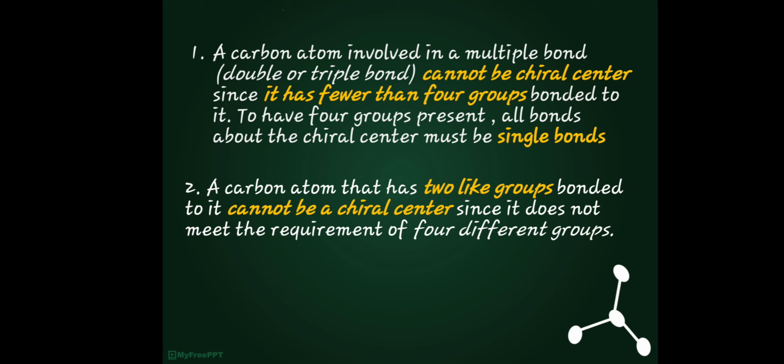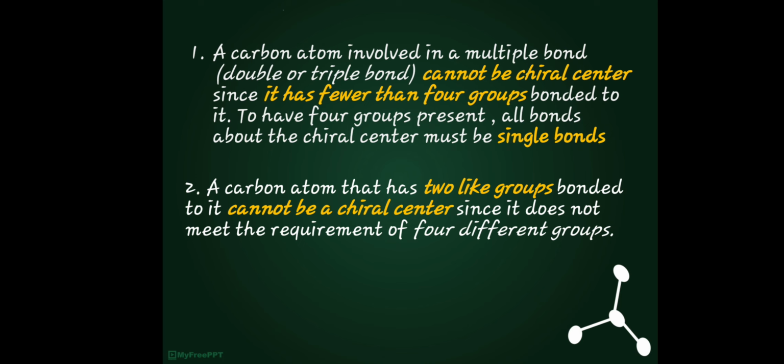So meaning to say, if there is a double or triple bond, it is not a chiral center, or it is not included in chiral molecules. Since it has fewer than 4 groups bonded to it, to have 4 groups present, all bonds about the chiral center must be single bonds. Again, one of the requirements of a chiral center is a single bond.